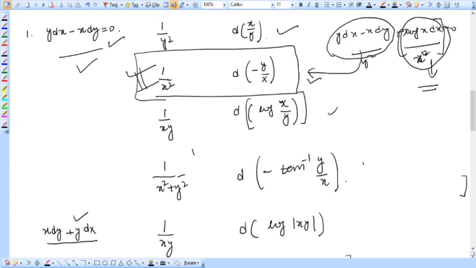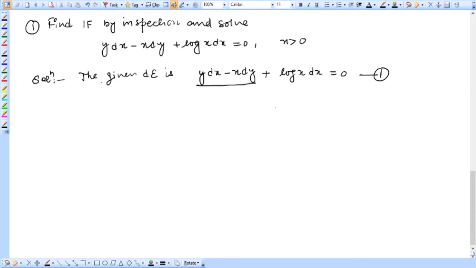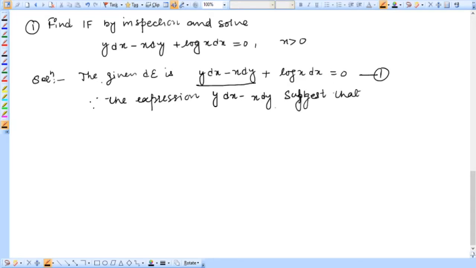So back to our page. You can write here: because the expression y dx minus x dy suggests that 1 by x square is an integrating factor.